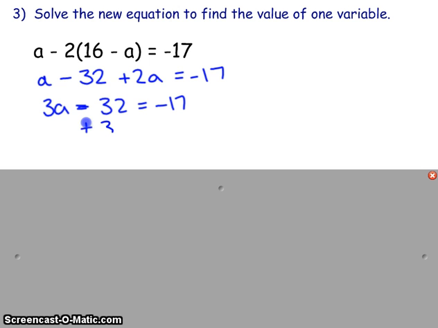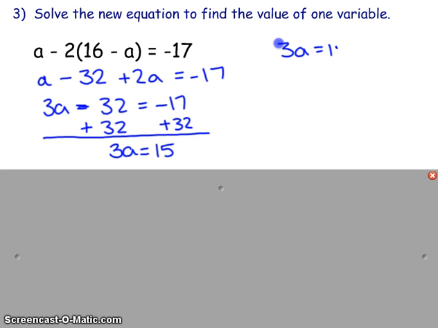I'm going to add 32 on both sides. And what I'm left with here is that 3A equals 15. I need to divide both sides by 3. And I will get my answer of A equals 5.